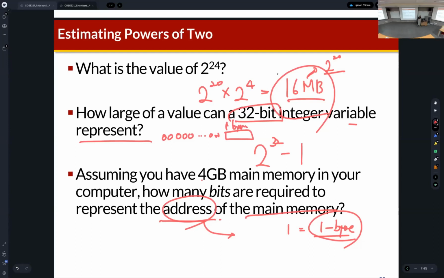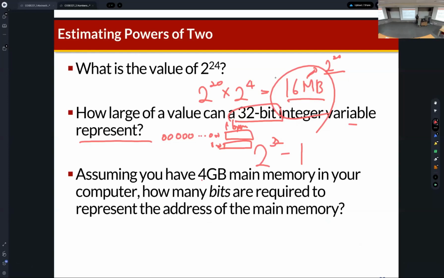If the address of all zeros represents 1 byte of data, the next address, 1, points to the next byte of data. It is called the byte address, and most computer systems use byte addresses for the address of main memory.